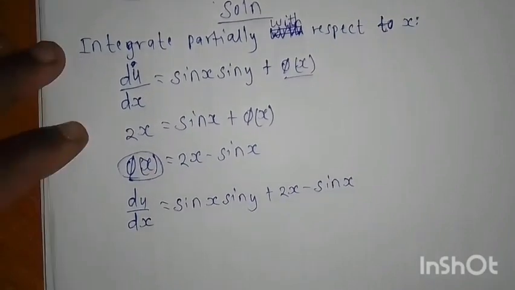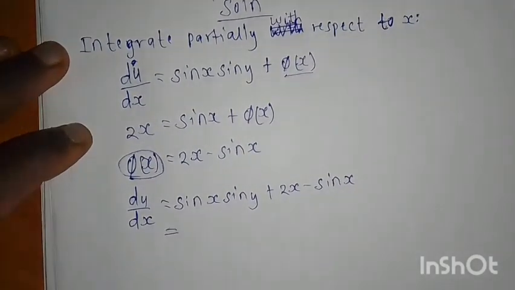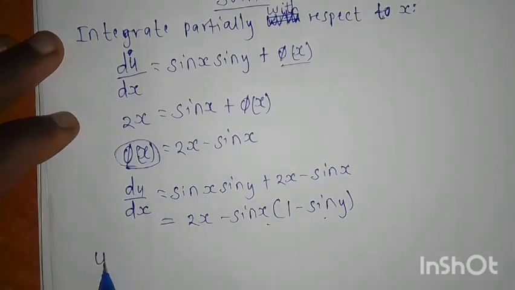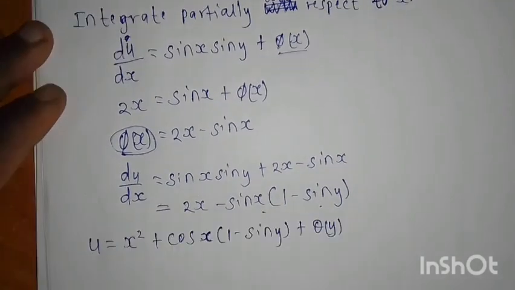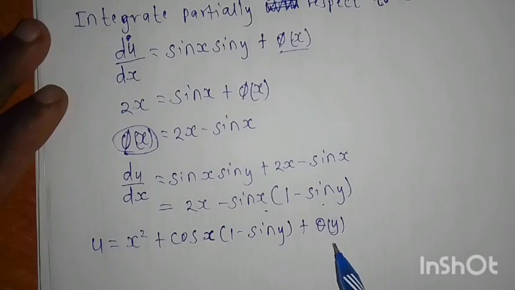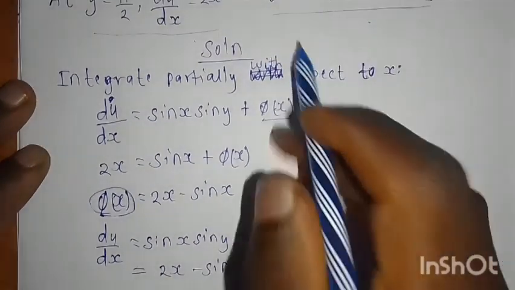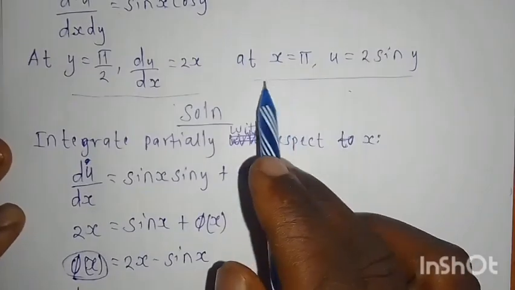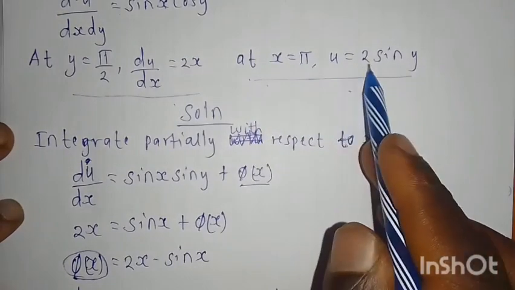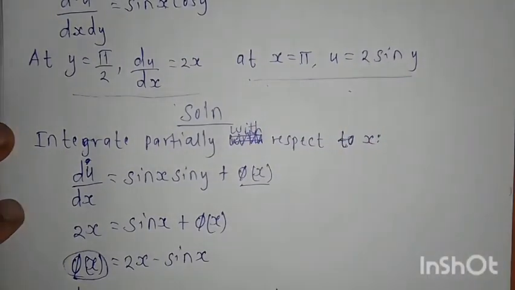So this one equals, by factorization, that's what we find, and now we can get our u to be. But now this is our general solution. For us to get the particular solution, we apply the second boundary condition, which was that at x equals pi, u is 2 sine 1.